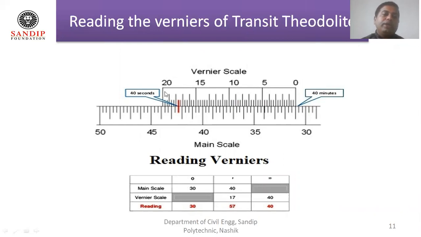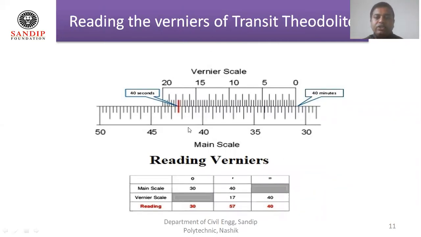This 0 to 20 minutes is the vernier scale and this 0 to 360 degree is the main scale. Now how to take the reading? First of all we have to see where the 0 of vernier touches the main scale.